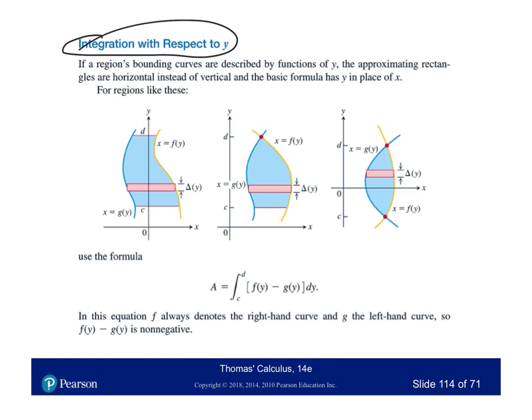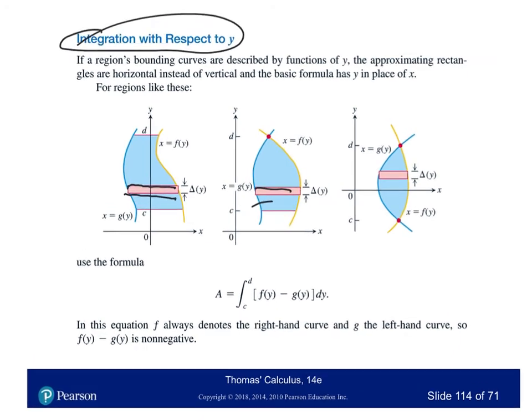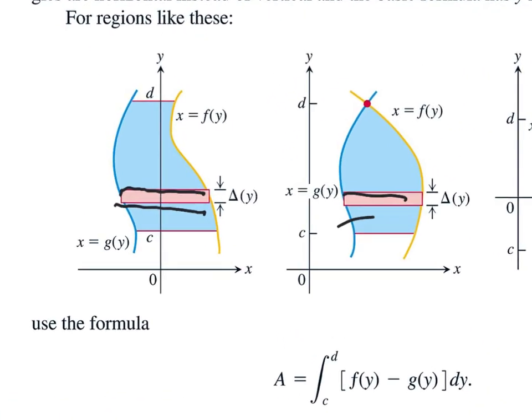Instead of making my vertical rectangles, I could make my horizontal rectangles. In this case, f of x will be like not the top, but the right. And g of x could be my left. It doesn't matter what you call them. But you have a function to the right, to the left.